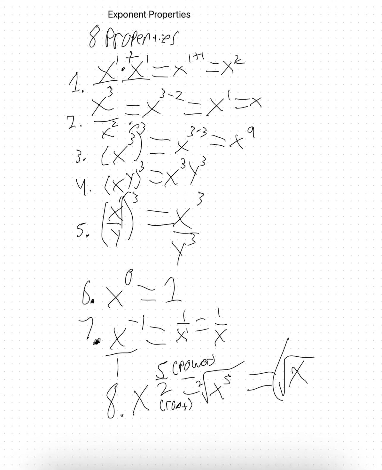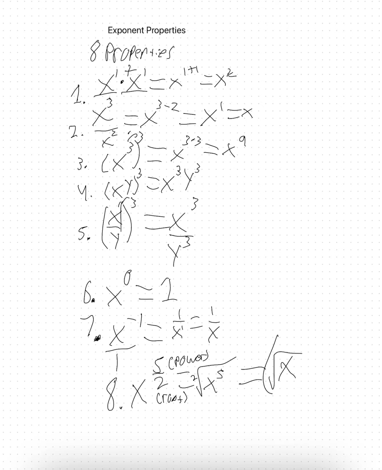Let's try some examples. Okay. Let's do the multiplication rule. So if I have 5 to the second power times 5 to the second power, what is that equal to? Well, given our multiplication property, we can add the exponents, okay?